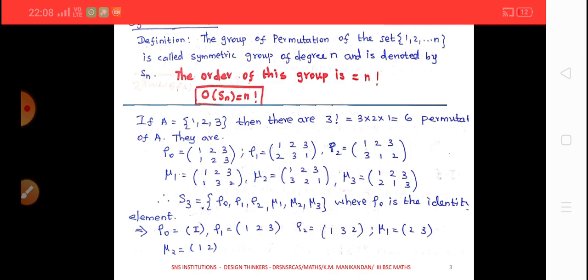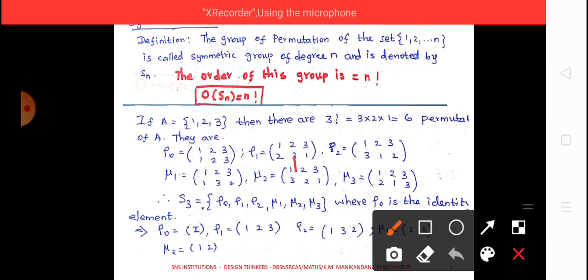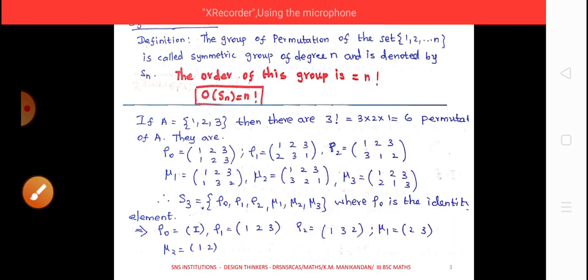Mu 1 forms the cycle (2 3), where 1 maps to 1 itself. Mu 2 forms the cycle (1 3), where 2 maps to 2 itself. Similarly, mu 3 forms the cycle (1 2).